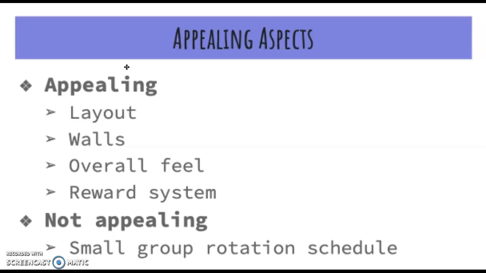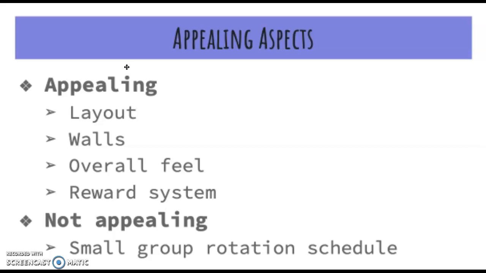And I also like the reward system. Class Dojo is amazing. The kids love how their characters are monsters. You're able to give points in real time, and whenever you do give points, it makes a noise so all the other students can hear when another student is being rewarded. The only thing that wasn't really appealing to me was the small group rotation schedule.